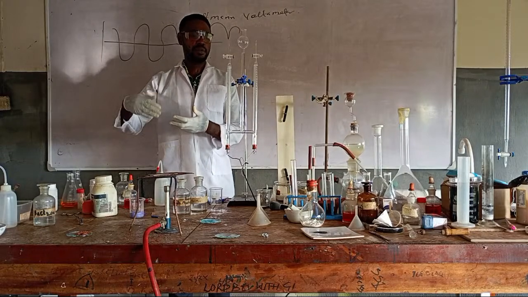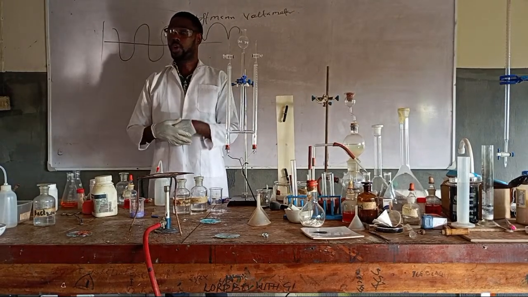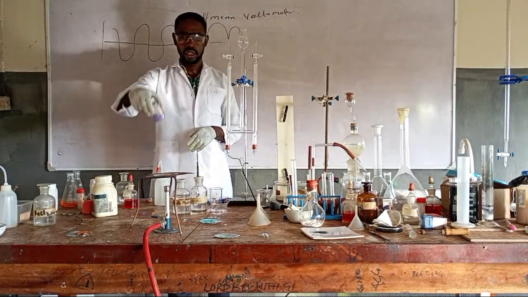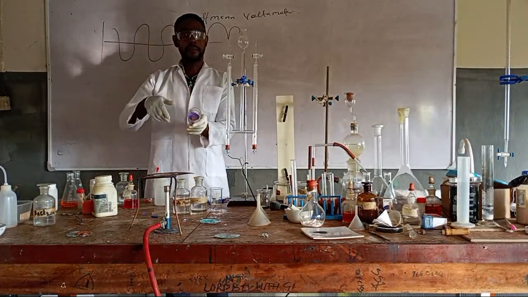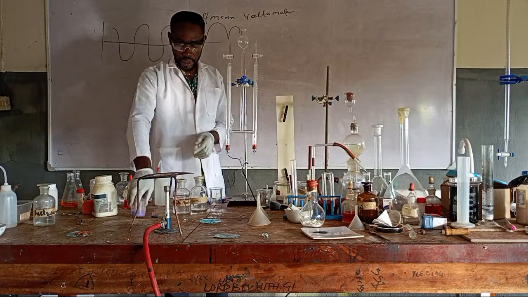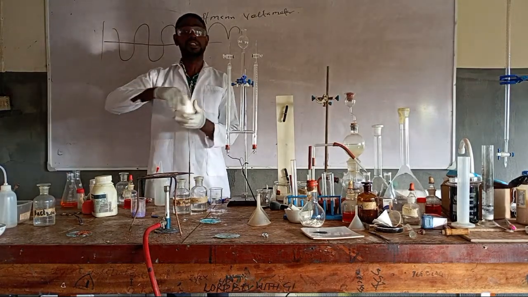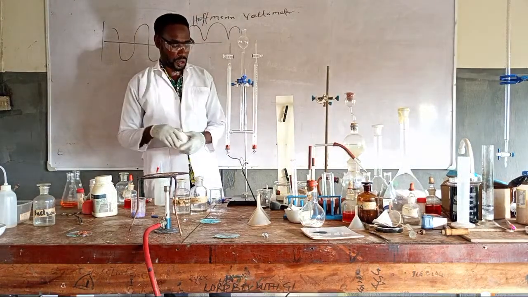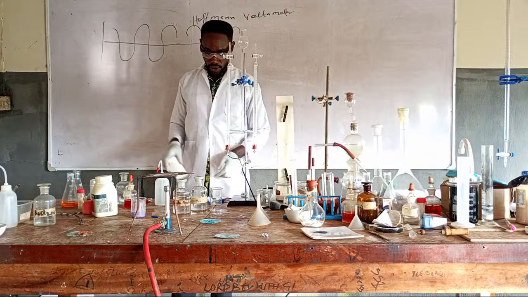If we dry this air, meaning if we remove the whole water vapor from this air, this thing will not turn gradually pink. It will remain that what? Blue. And if I open this, all the paper remaining here will automatically become what? Pink. Okay? So that's it.